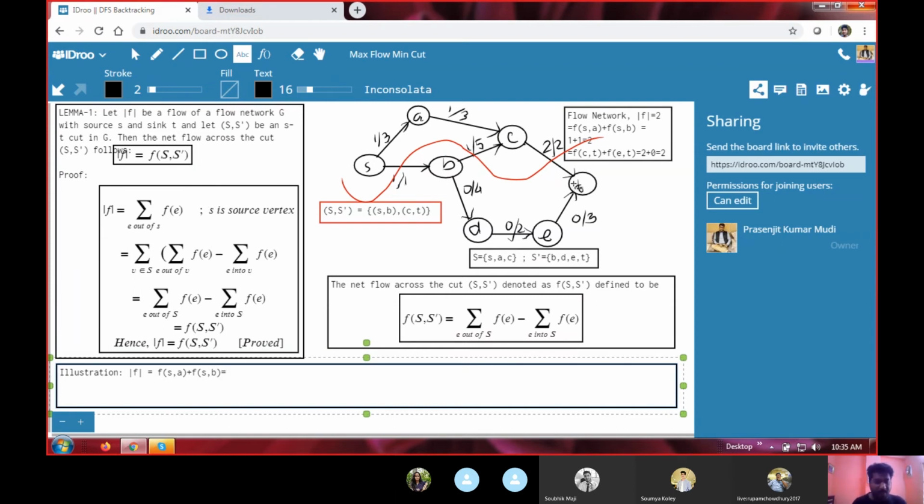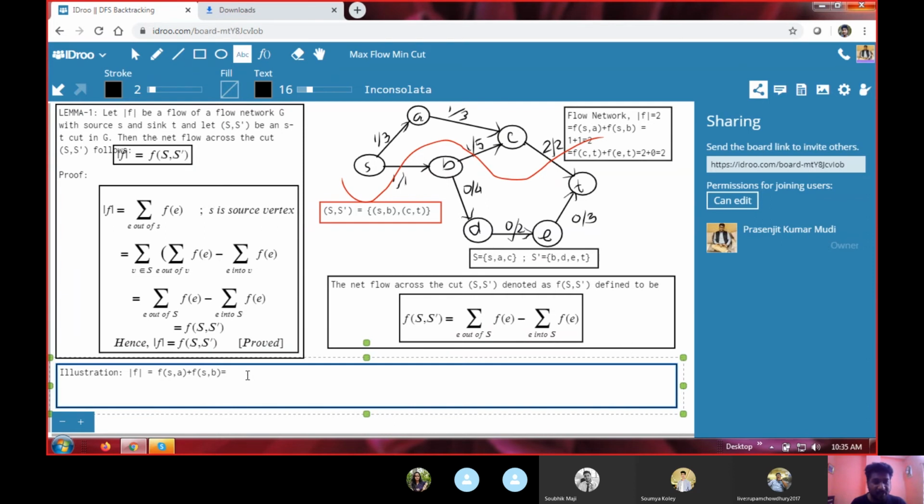Okay, and then you see flow of S comma A B C. So as per the second line, this line. Okay, you see how we can write.